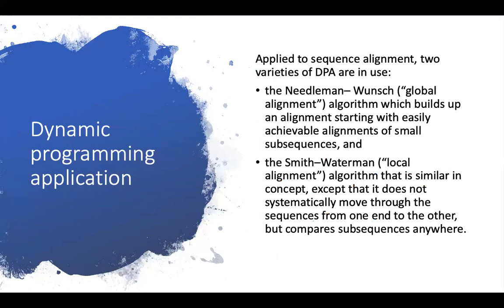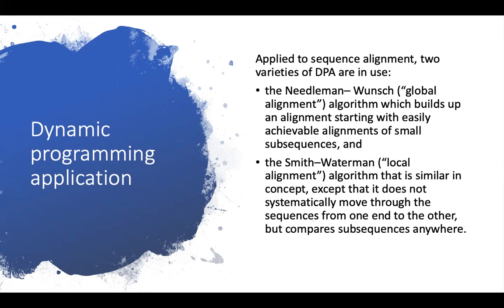When we apply the dynamic programming algorithm to sequence alignment, two varieties of this method are in use: Needleman and Wunsch, which is the global alignment algorithm, which builds up an alignment starting with easily achievable alignments of small subsequences.